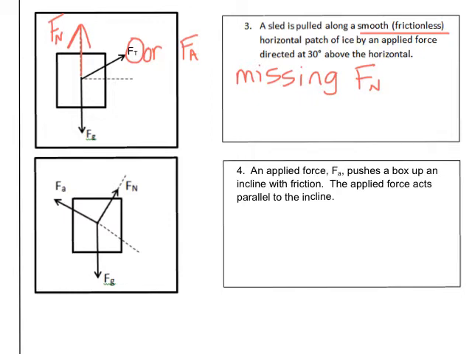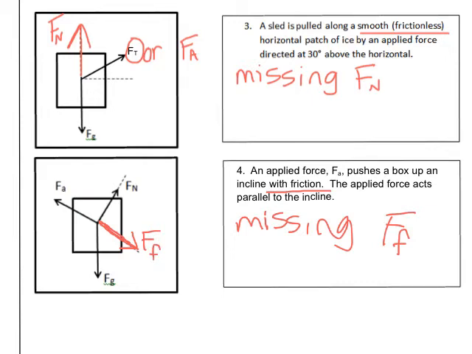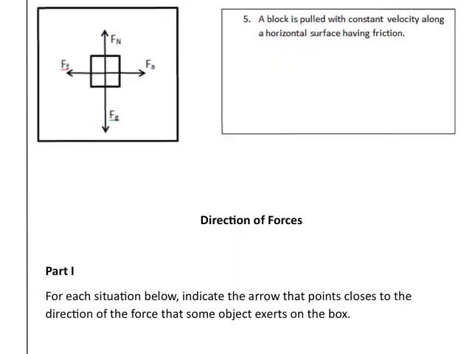What are you missing in this one? Friction. So it's missing the friction force. Do you think friction would go the same way as applied or opposite to applied? If we were to draw it in, we would draw our frictional force opposite to the applied force. Friction works against you, so it's always going to be the opposite way that you move. Correct.